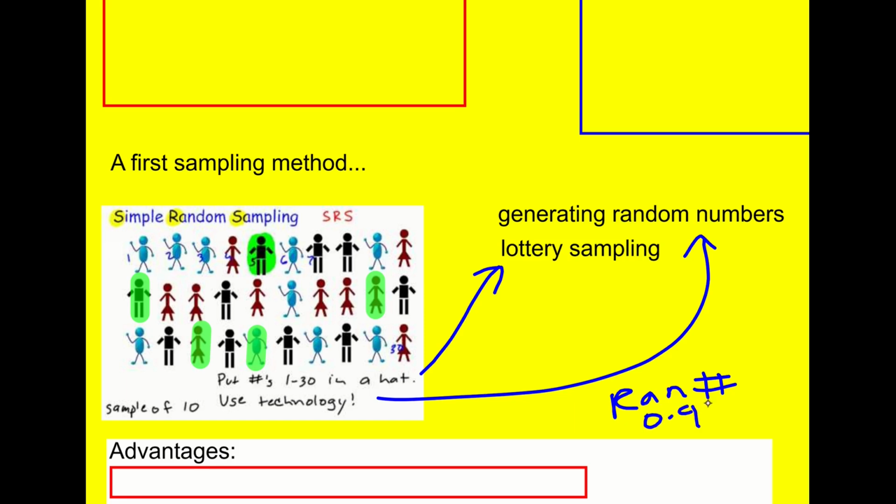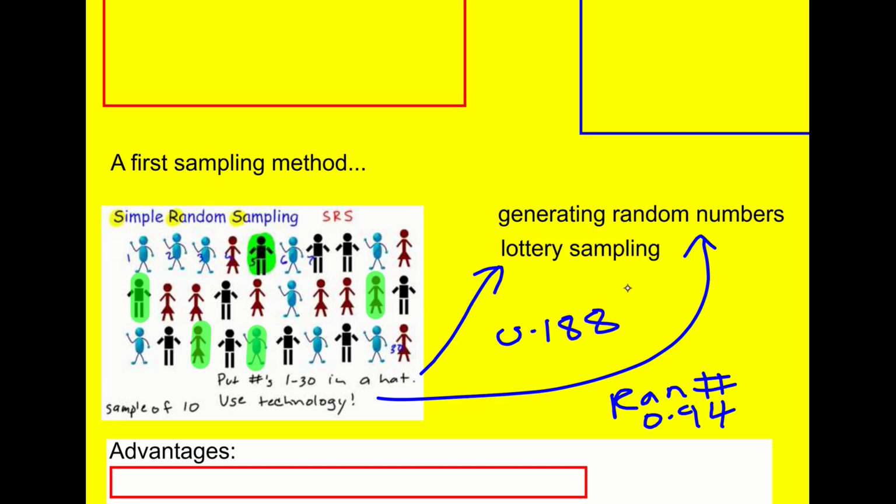So again, instead of picking names out of a hat, we'd have to somehow number these people and then do random numbers. Maybe they're just numbered 1 to 30, and I keep pressing random numbers, and you can keep generating random numbers. The second random number I've come up with is 0.188.